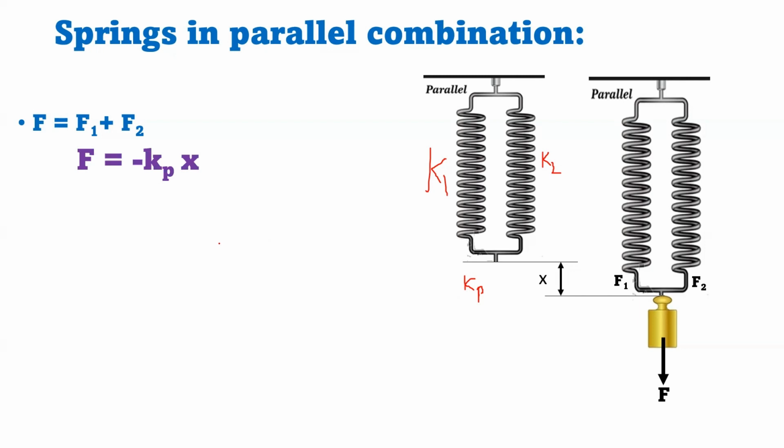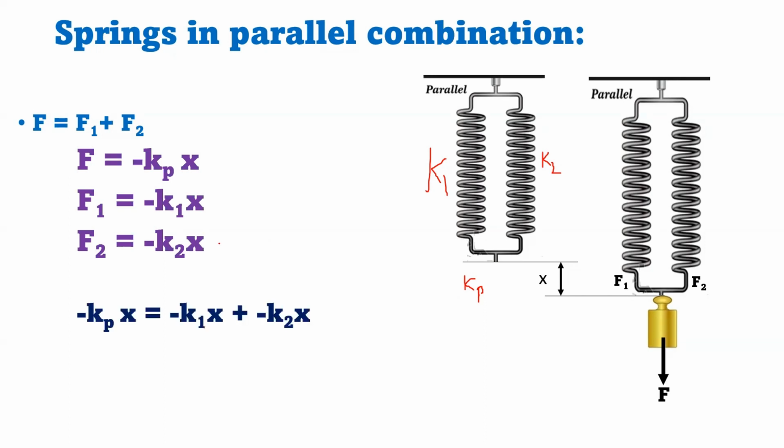What is Kp? It is the resultant force constant of a spring system having two springs in parallel, where F1 equals minus K1 into X, and F2 equals minus K2 into X. Therefore, F equals F1 plus F2.